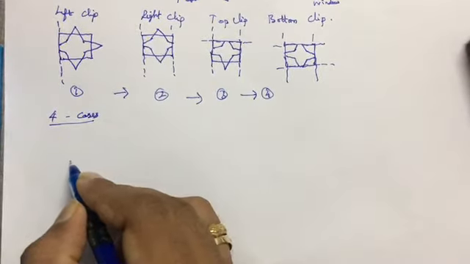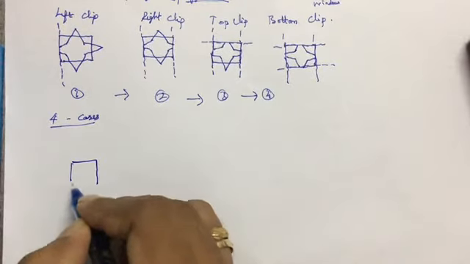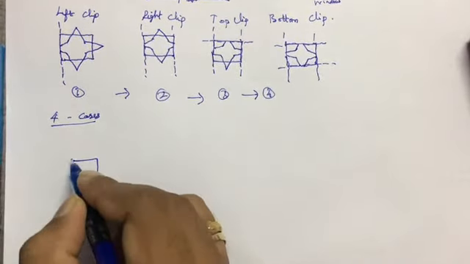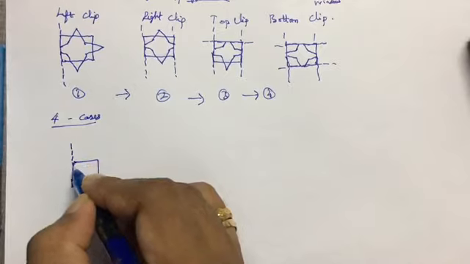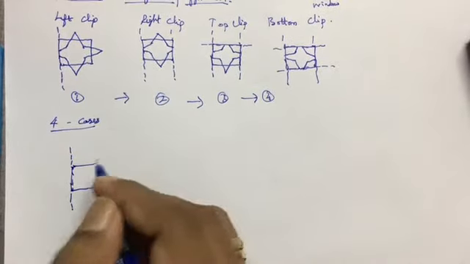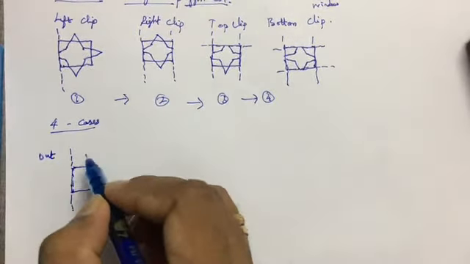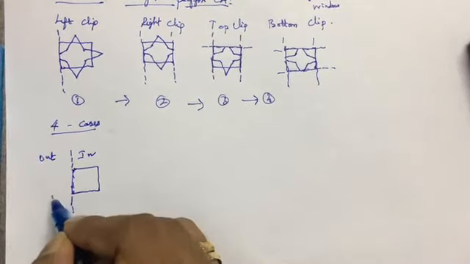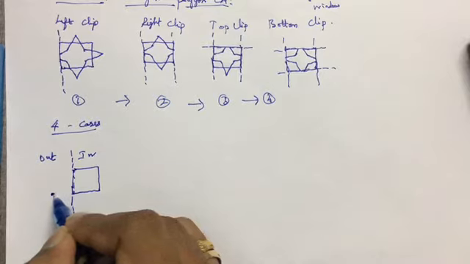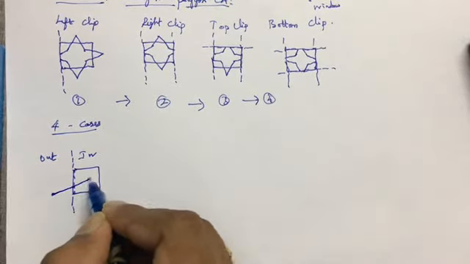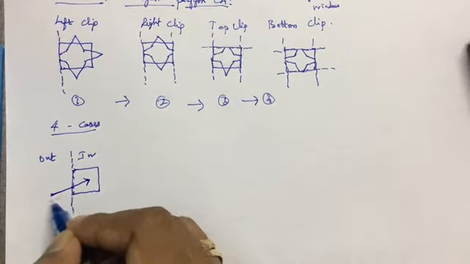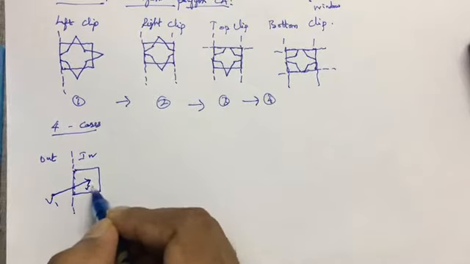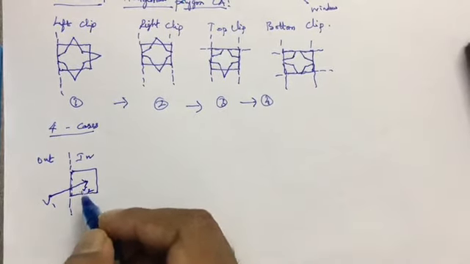For the first case, consider this as a window. This is nothing but the margin. Let us consider this as the out portion and this as the in portion. If a line starts from outside to inside, we can name it V1 to V2.